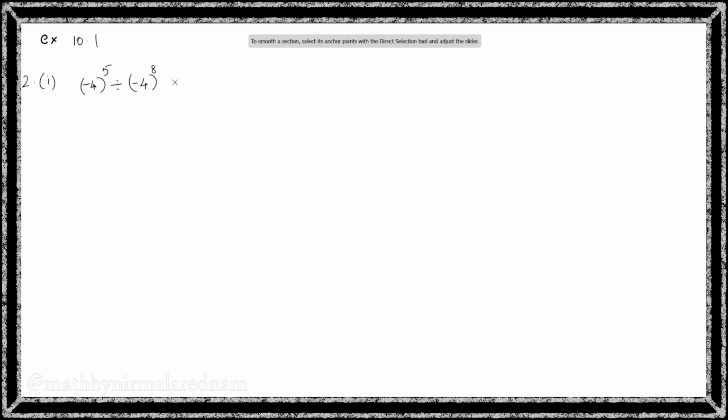So how do I simplify this? First, because I have the same base, this is the second law, 5 minus 8, you have to mention the law, whichever law of exponent you're using, minus 3. Now I want positive exponent. They have specifically asked us for positive. So I'm going to write it as 1 by minus 4 whole cube, right?